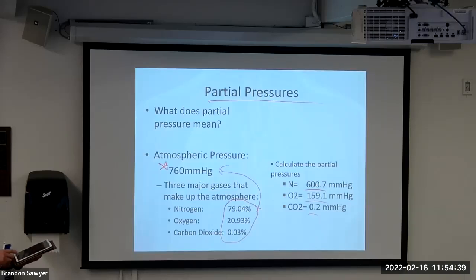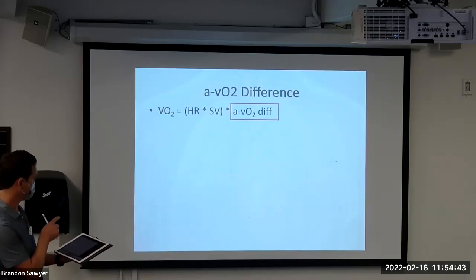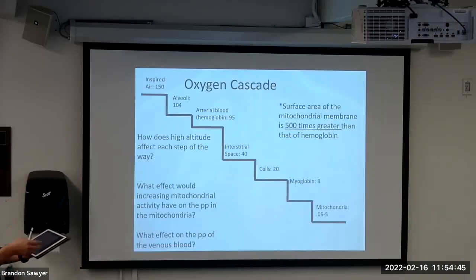I'm going to skip this one for now, but the way this will make sense, and we'll spend more time on it during our TBL days, is when we're getting oxygen all the way from the air down to the mitochondria, in all of those little steps, we have to have a drop in the concentration of oxygen every single step for oxygen to move.